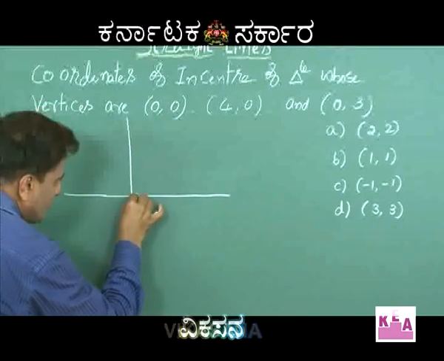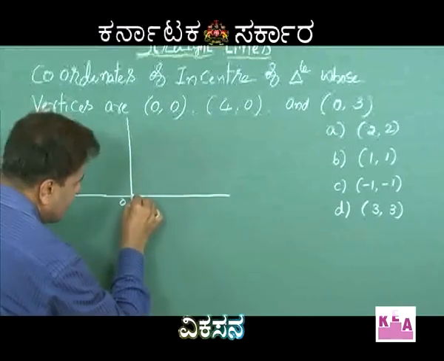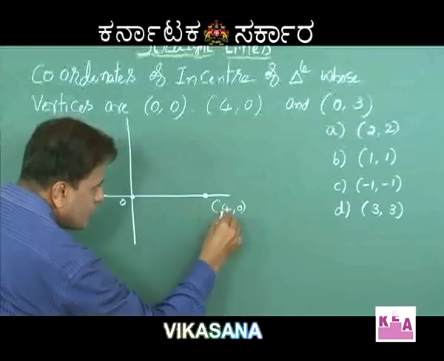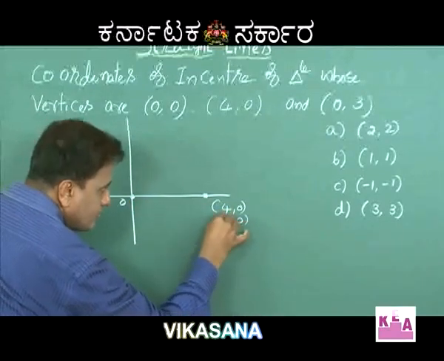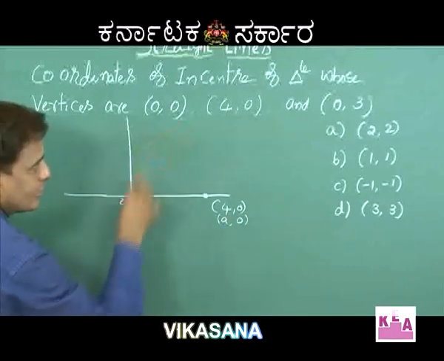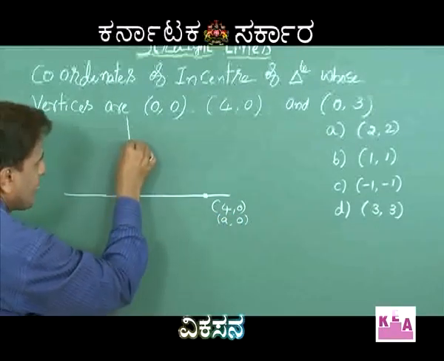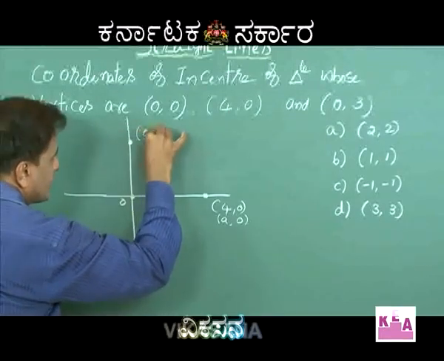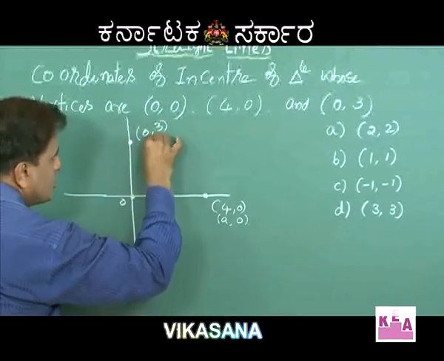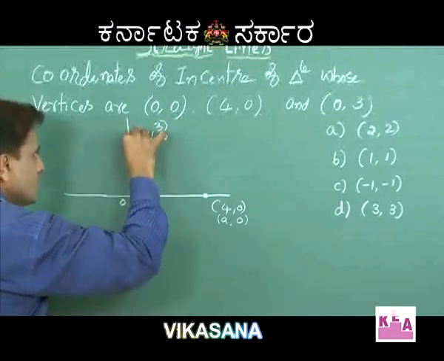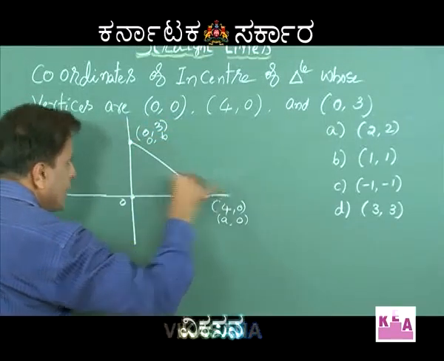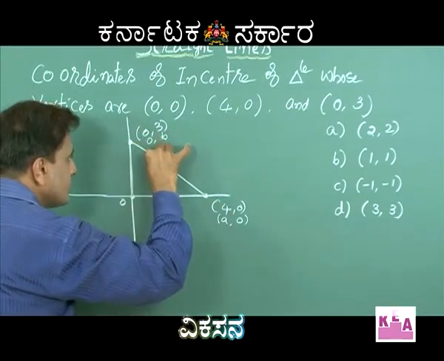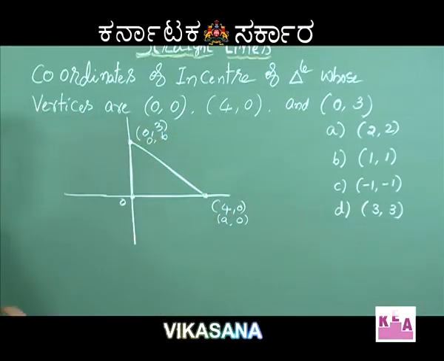The first vertex is at the origin, the second vertex is at (4, 0), which we consider as A, 0, and the third vertex is (0, 3), which you can consider as 0, B. Now for this triangle we have to find the incenter.